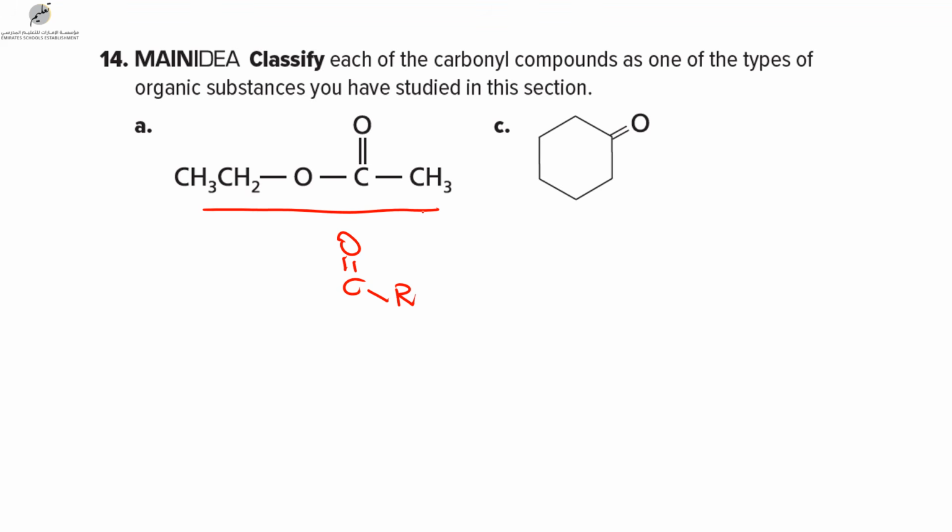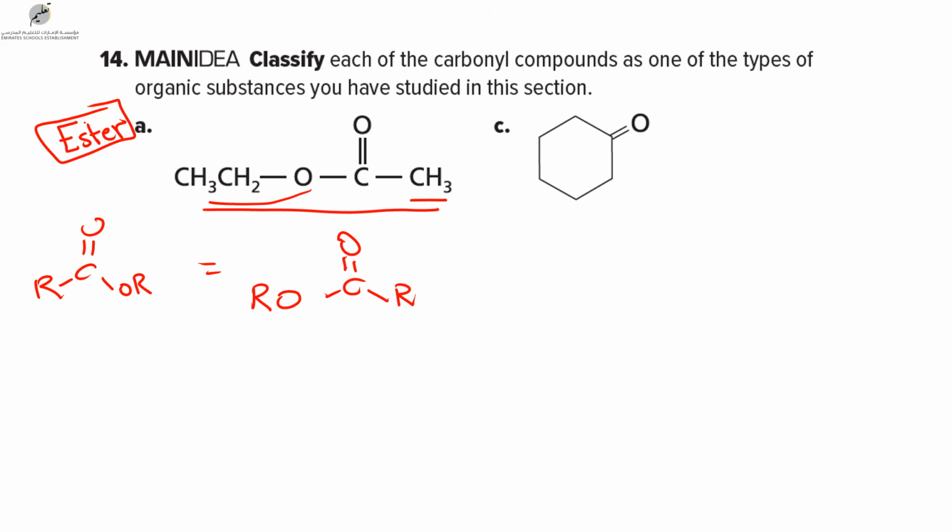You have R, right? And here you have O, R, right? This is the same as this one, guys. It doesn't matter, it's the same. So what should this be? It is an ester, right? This is an ester.